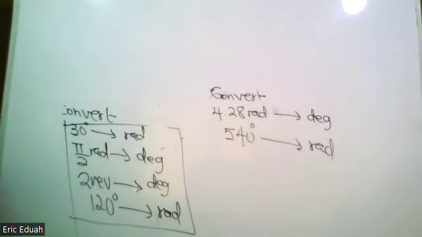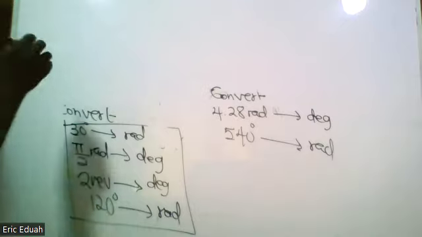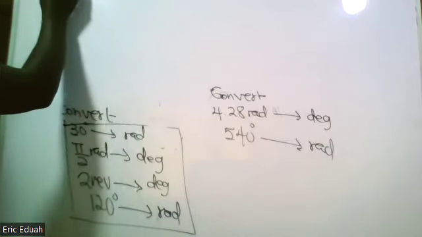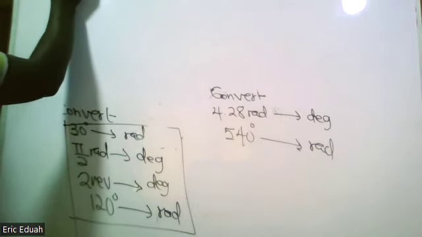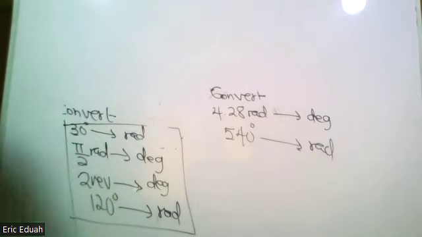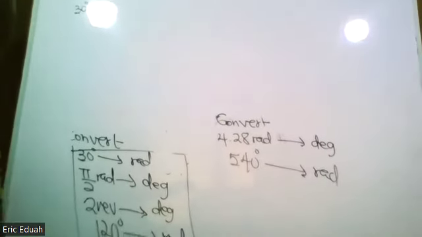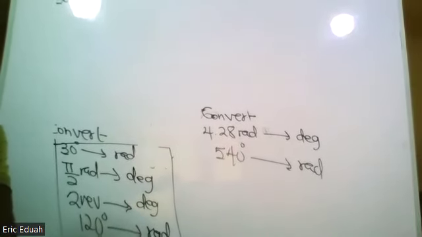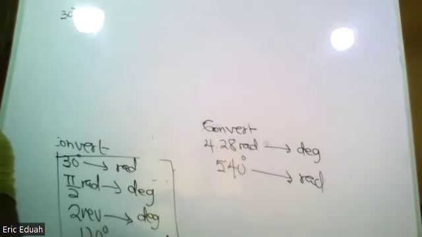Okay, so Akuya, what do you get for question 1? Convert 30 degrees to radian. 0.52 radian. Yes.